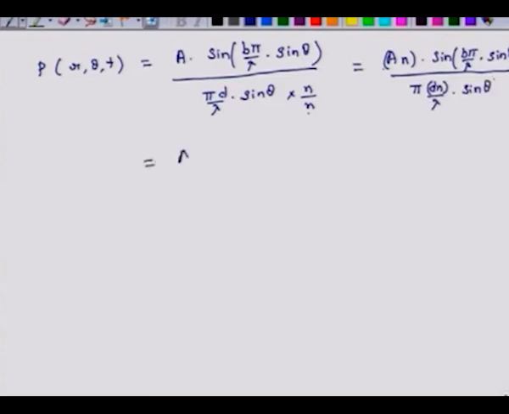So, this is equal to A times n times sin b pi over lambda times sin of theta divided by pi, and we know that d n approximately equals b when n is large. So, this is essentially pi b over lambda times sin of theta.